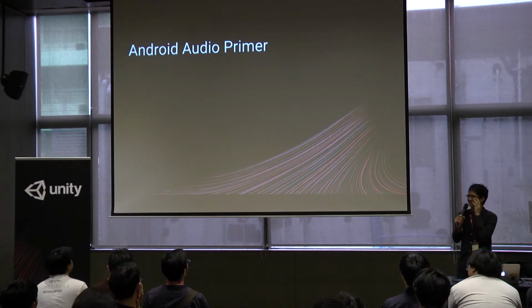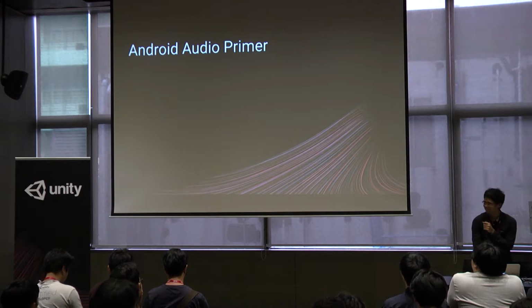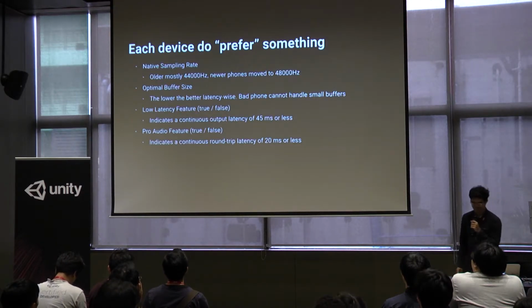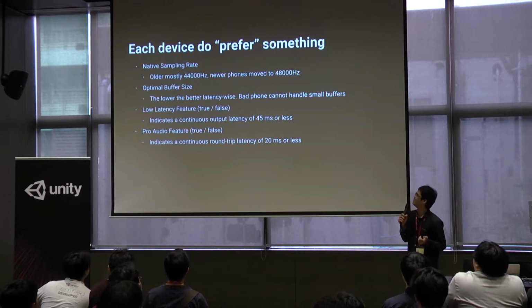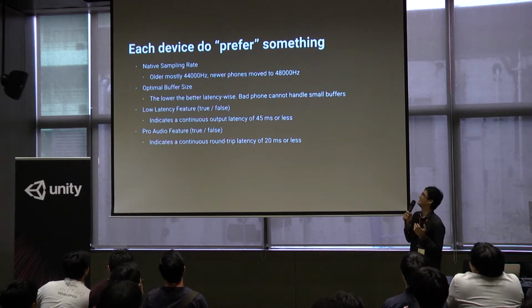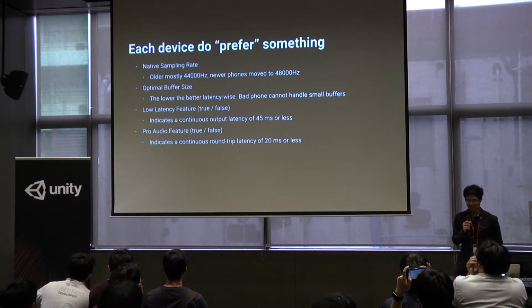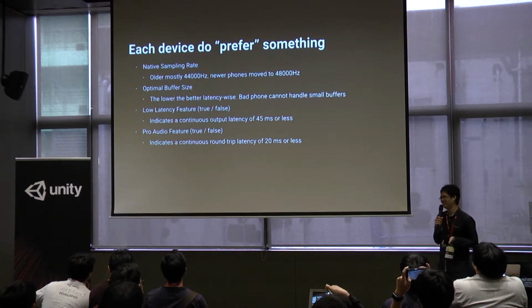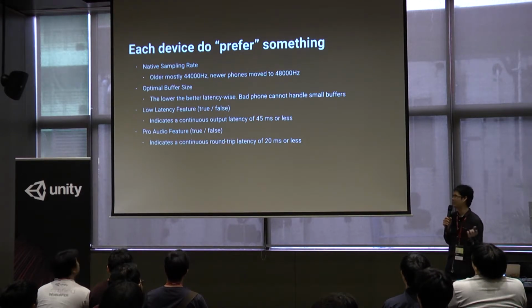Okay, so now let's focus on Android, because the latency number is very bad. Each device also actually prefers something. Not all devices are the same, as you know. In Android, no one is really happy to deal with millions of devices.